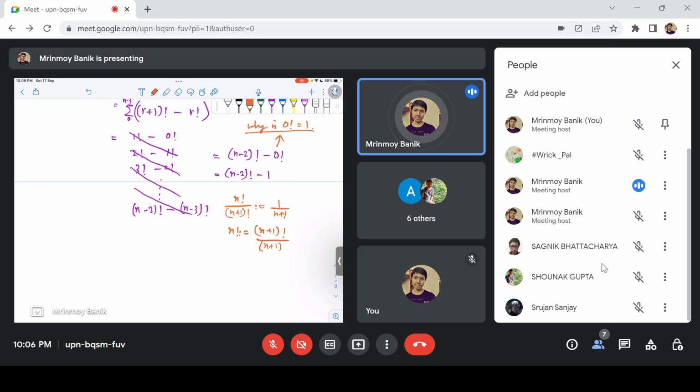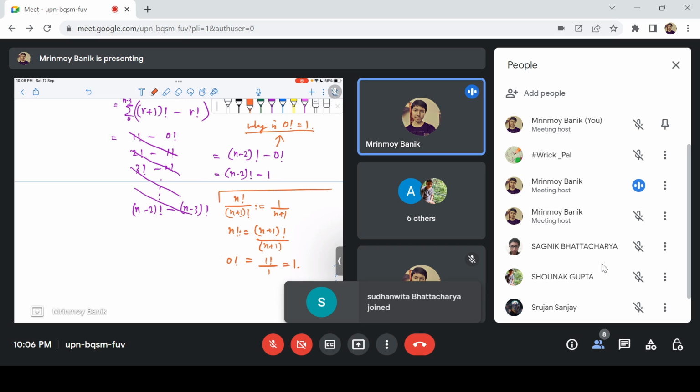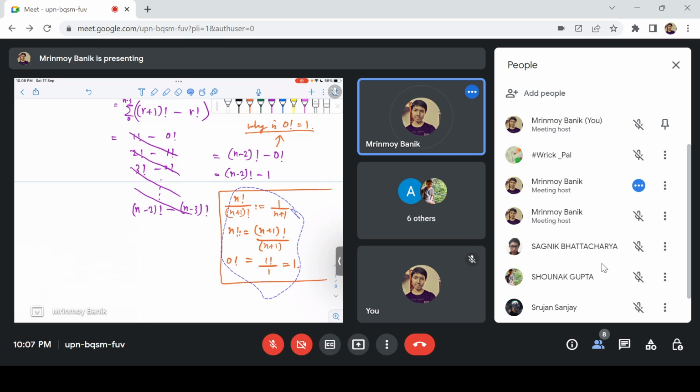This is a recursive definition of n factorial. If we put 0 in here, 0 factorial is 1 factorial by 1, so it's 1. So that's just a short proof of why 0 factorial is 1.